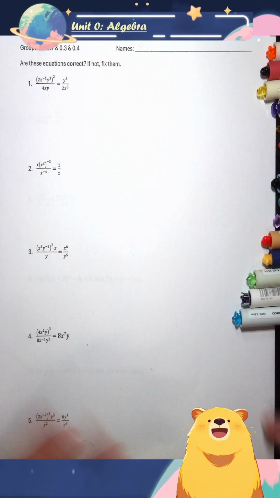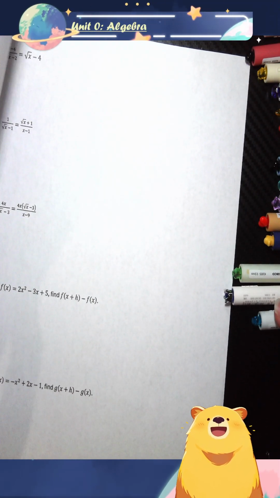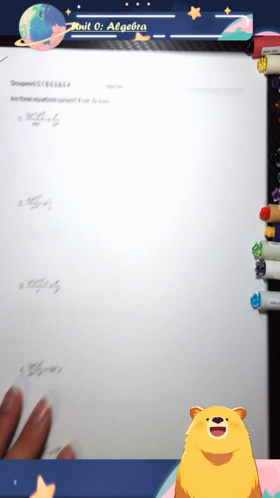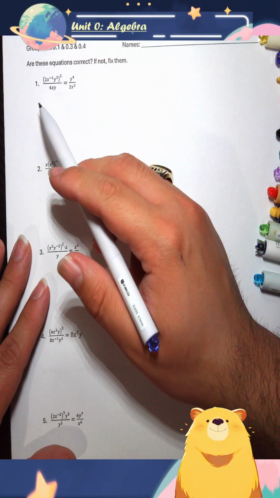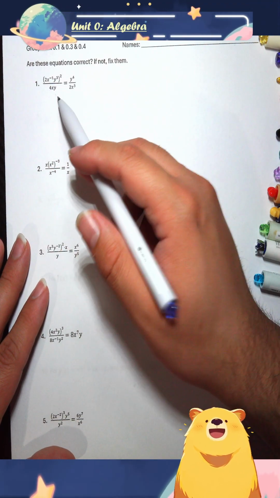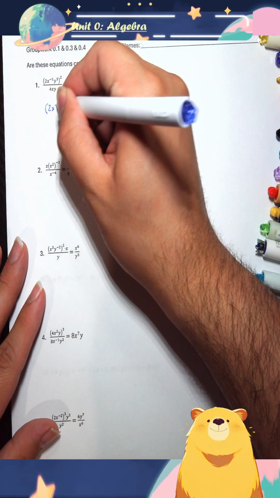Okay, so the prompt for the first eight is you're given a bunch of these equations, and you're going to verify if they're true. First we have this following expression over here. I'm going to take a beat to rewrite it.